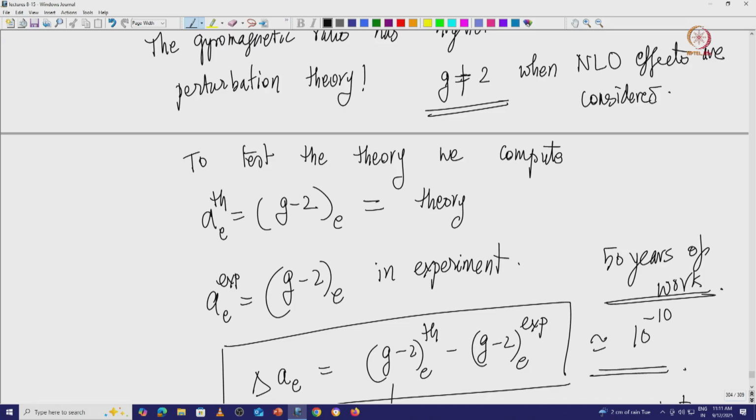If it differs from 2, that means you are getting these corrections purely from virtual corrections, and you can calculate them at any order in perturbation theory, because the theory of QED is renormalizable at all orders in perturbation theory. Then you do the same thing in an experiment.